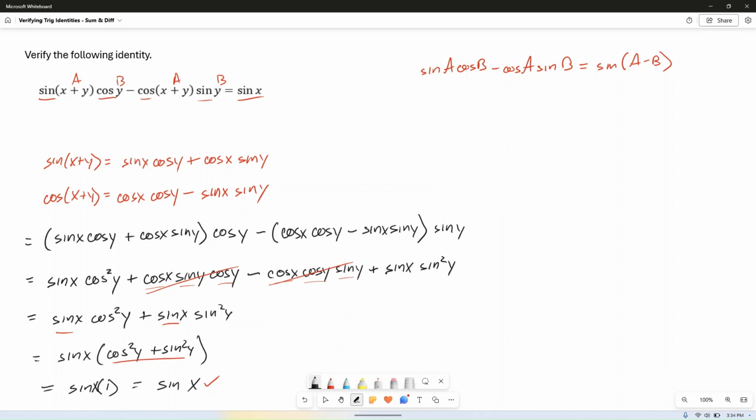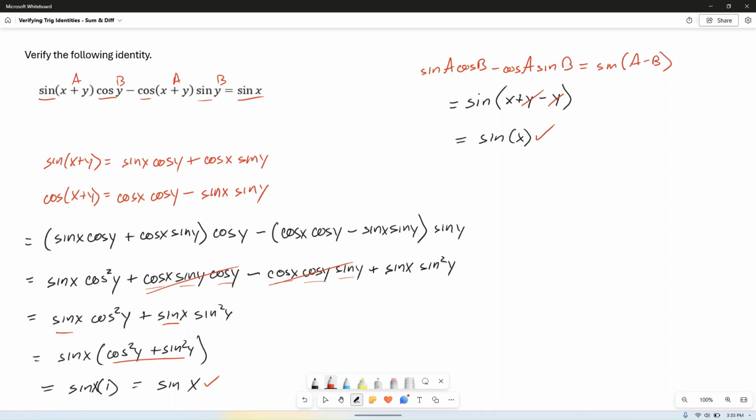I could replace the whole left side of this equation as the sine of a minus b. And then remember, a is x plus y, and b is the y. So I'm really just looking at the sine of x plus y minus y. Obviously, the y's are going to cancel here, and so this just also turns out to be the sine of x. Again, that matches what we need it to match.